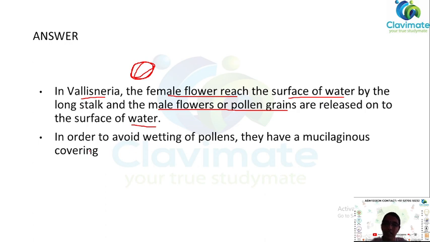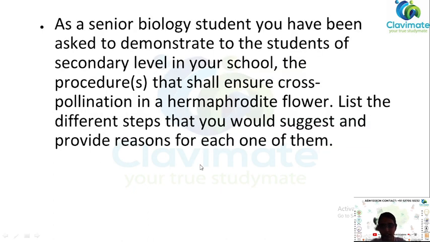To avoid wetting of pollens, they have a mucilaginous covering. So you have to write what Vallisneria is, how the pollens come to the surface of water, and why they have the mucilaginous covering, that is, to avoid wetting of pollens. And this is the answer.